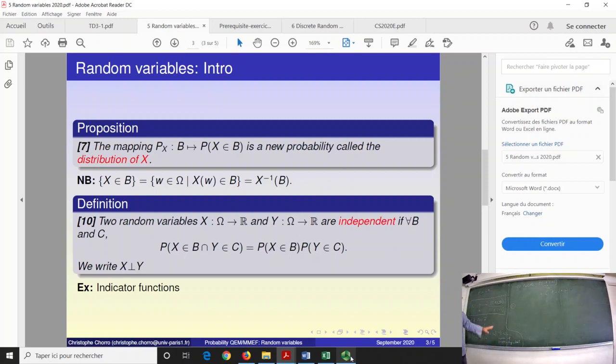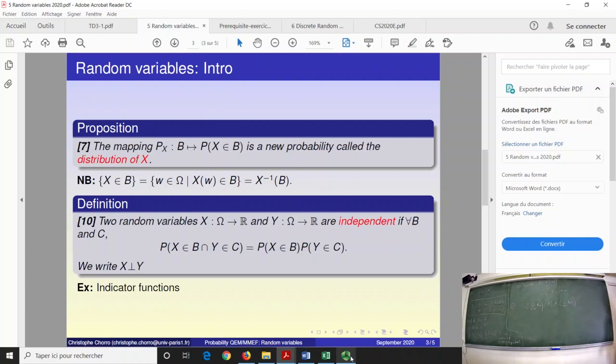So secondly, I start from my sequence of pairwise disjoint sets, and I am interested in Px of the union, where the Bn are pairwise disjoint sets. Okay? So once again, what I can do first, I can use the definition of what is Px. Px is just the probability of x minus 1 of the union of the Bn. From what I have reminded concerning the pre-image, I have the nice formulas.